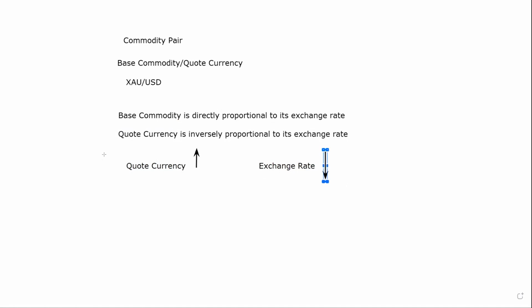And when the value of the quote currency goes down, then the value of the exchange rate goes up. Why? Because quote currency has an inversely proportional relationship with the exchange rate. Okay, this is a generalized idea. You have to remember it. Okay, now we're gonna go back to our document.